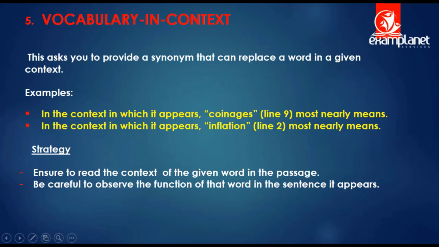Alright, so what am I trying to say? It is very important to look at the contextual relevance of the word that you want to substitute for the word in your question. It's really very important, and mind you, of course, the answer choices will be the same part of speech, but identifying the part of speech of the word is also very important.